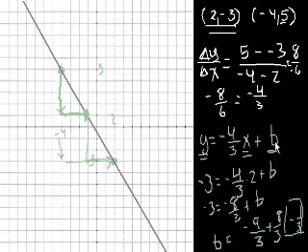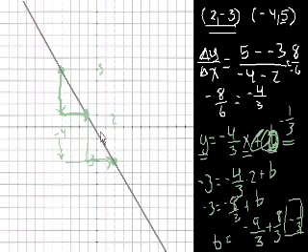So the equation of this line is y is equal to minus 4/3 x, and then this y-intercept is minus 1/3. I know this is extremely messy, but the equation of this line, once again, is y equals minus 4/3 x minus 1/3.